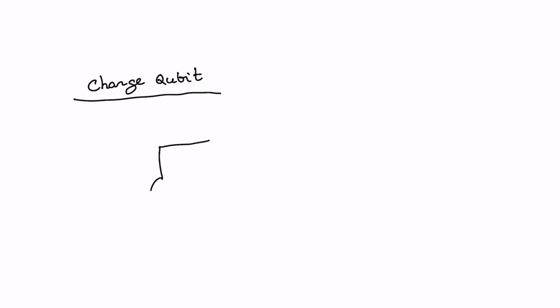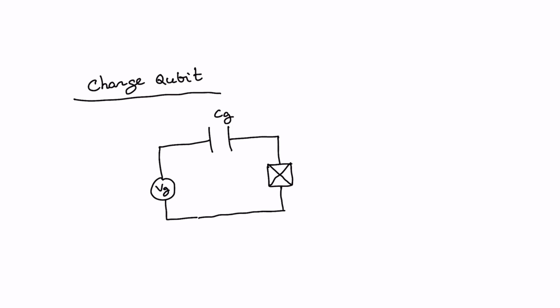So let me show you the circuit diagram. A typical circuit diagram for a charge qubit goes like this. You have a gate capacitance Cj, and then you have this Josephson junction. The symbol for the Josephson junction is what I am using here. So this is my JJ, that means the Josephson junction.